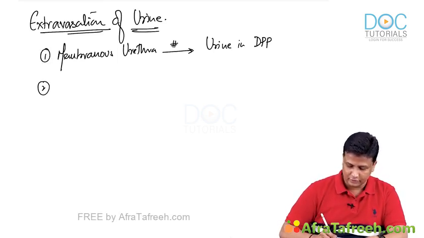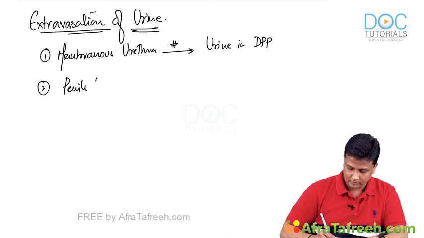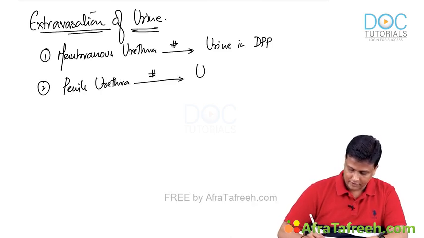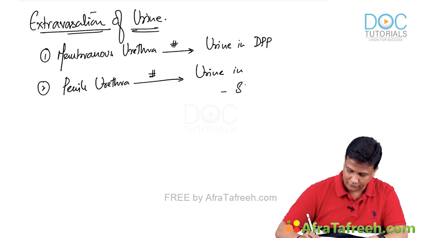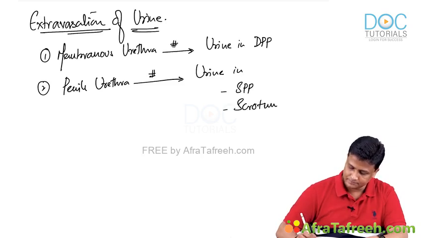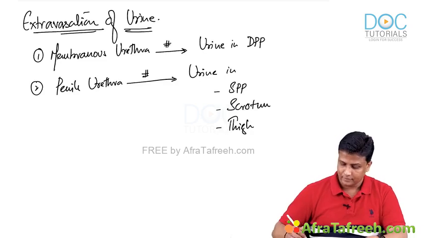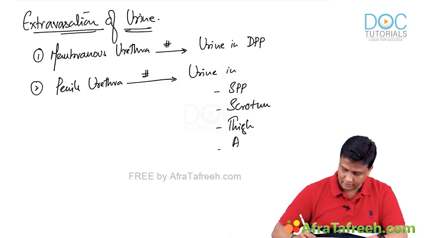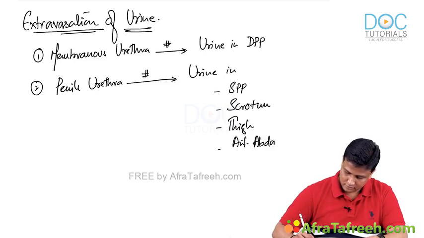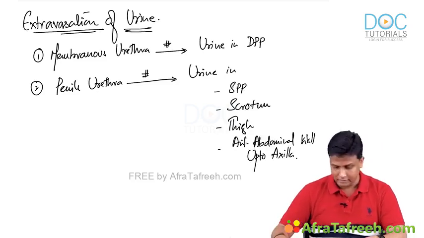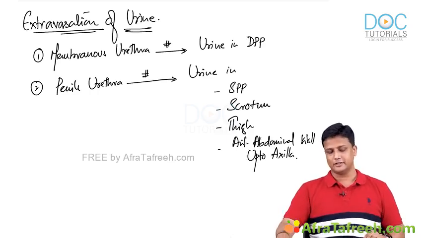And if the penile urethra is ruptured, then you'll see urine going into various structures. Urine will be seen in the superficial perineal pouch, in the scrotum, and even in the thigh up to Holden's line. And then it will also be seen in the anterior abdominal wall up to the axilla. That's one very important clinical correlation here, guys.